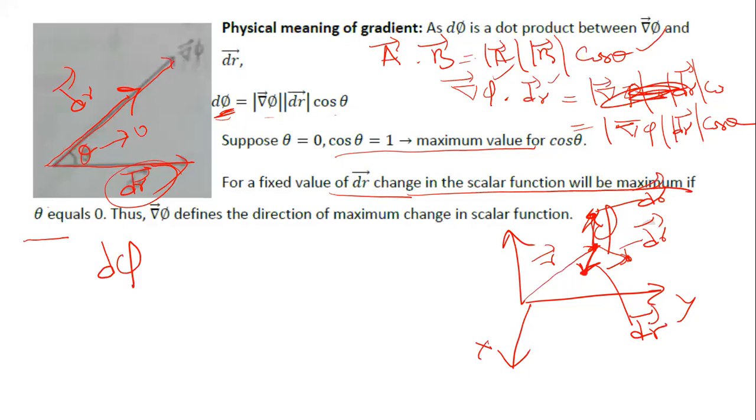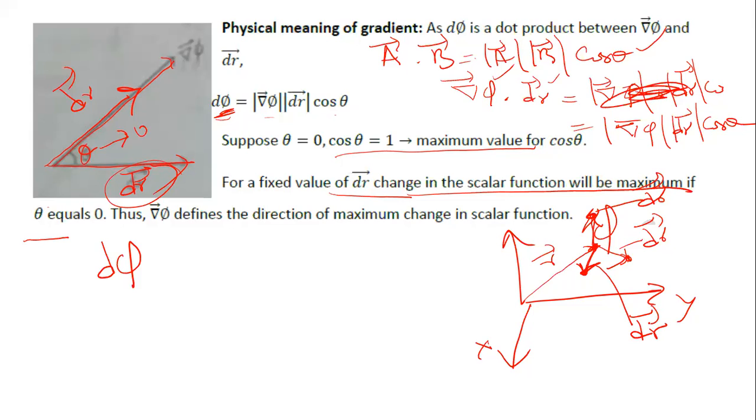So you can move your scalar function phi from one location in space to another location in any direction. You can choose your dr vector, your movement, in any direction in this three-dimensional space.